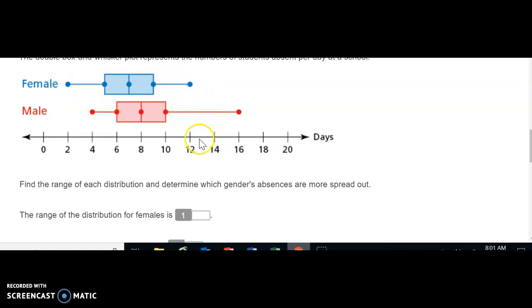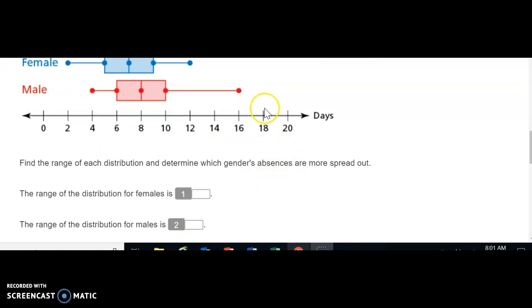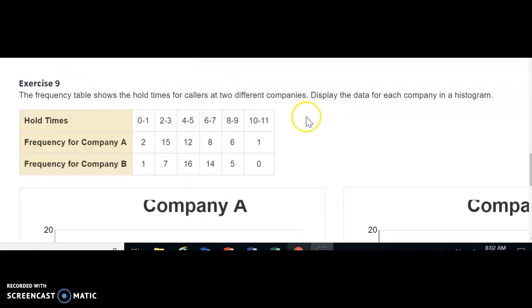So the female distribution would be 12 take away 2, which would give us an answer of 10. The range for the males would be the highest number, which is 16, minus the least amount, which is 4, and that's going to give us 12. So the absences are more spread out for the males than for the females because 12 is larger than 10.